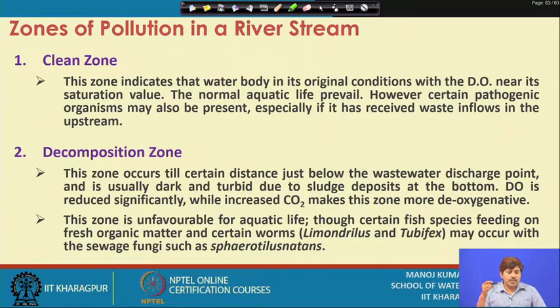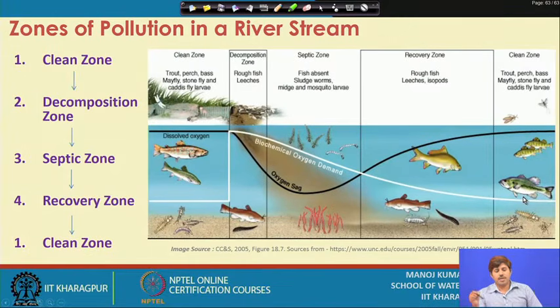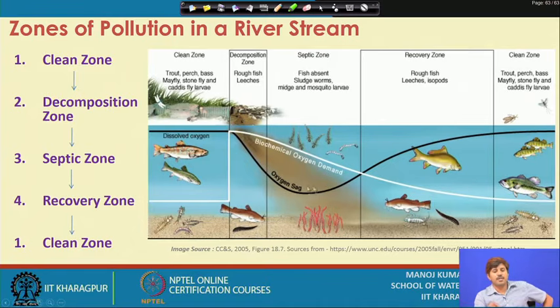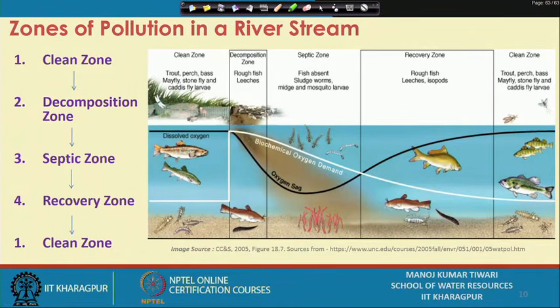However, particularly if your clean zone is coming after the waste introduction, even if beyond this point there is no further waste introduction, you can still have some contaminants or microbial impurities which have not been degraded, and they can still persist over here.